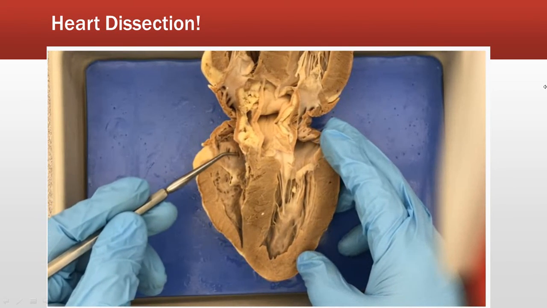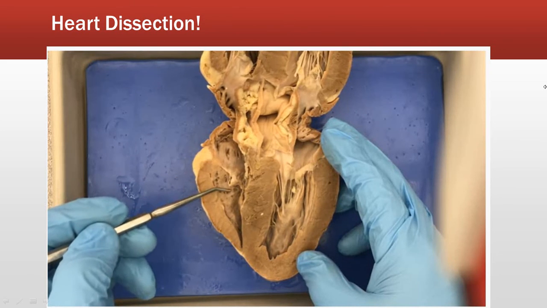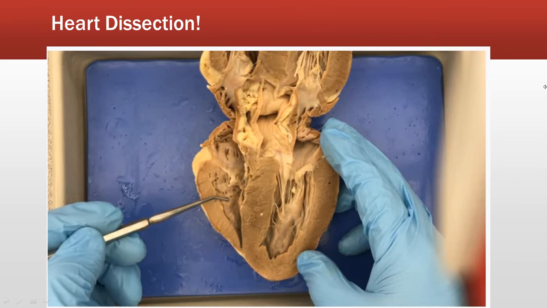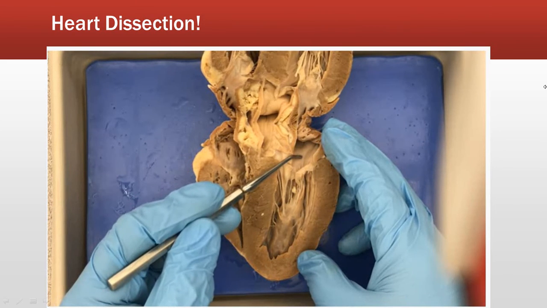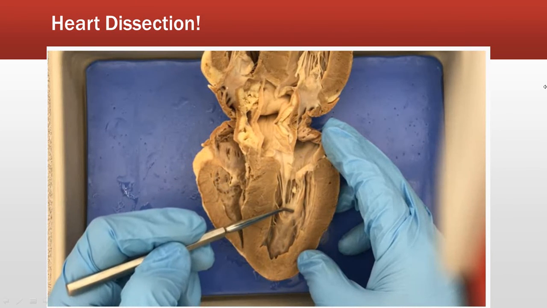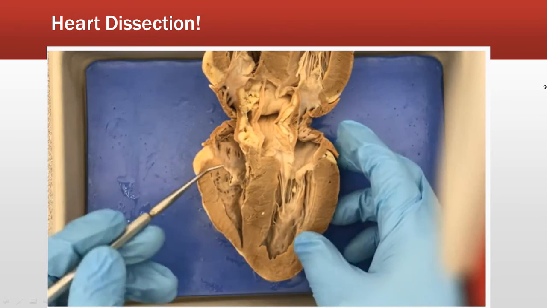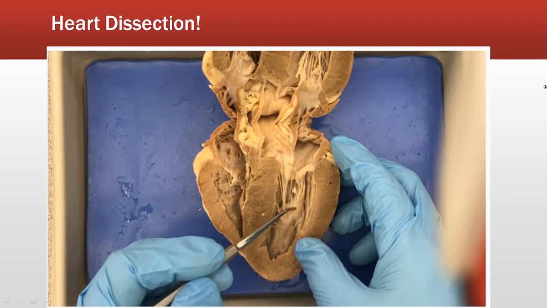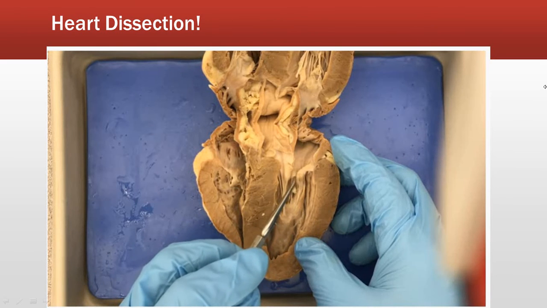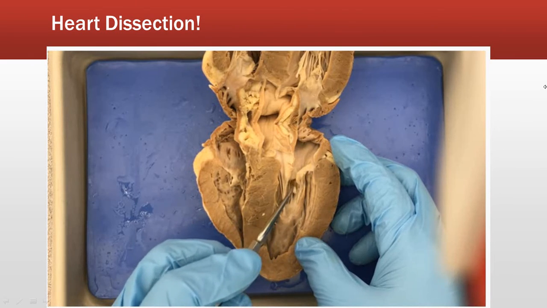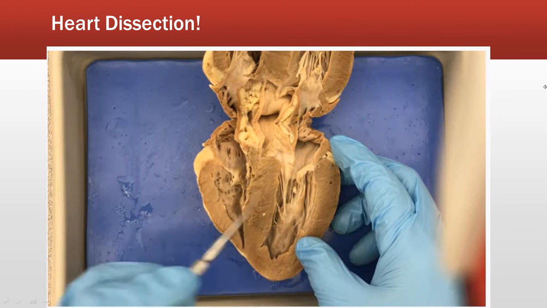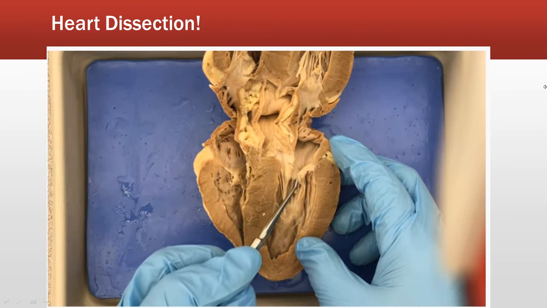So, just to begin with the four chambers, you have the right atrium, right ventricle, left atrium, left ventricle. And you wonder, okay, well, what separates the atrium from the ventricle? Well, you have this atrioventricular valve. So this one over here would be the tricuspid, and this here would be the bicuspid.